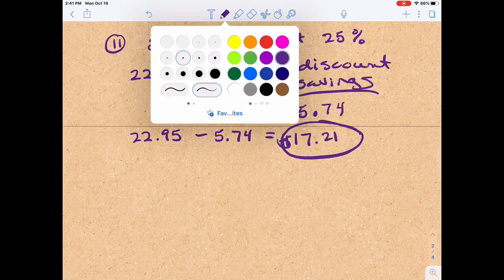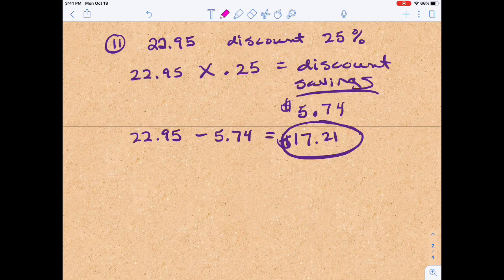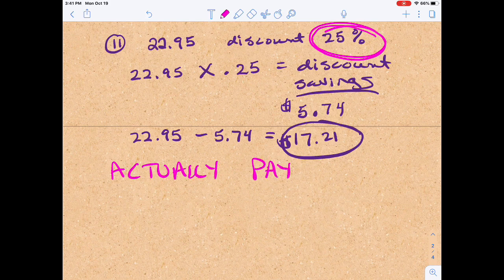Let's try it the other way. If I am discounting 25%, that means I am actually paying 75% of the original price.